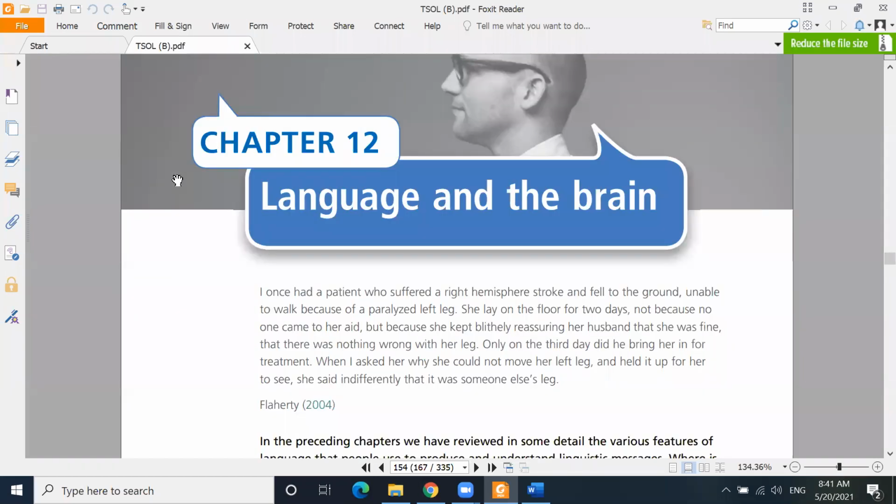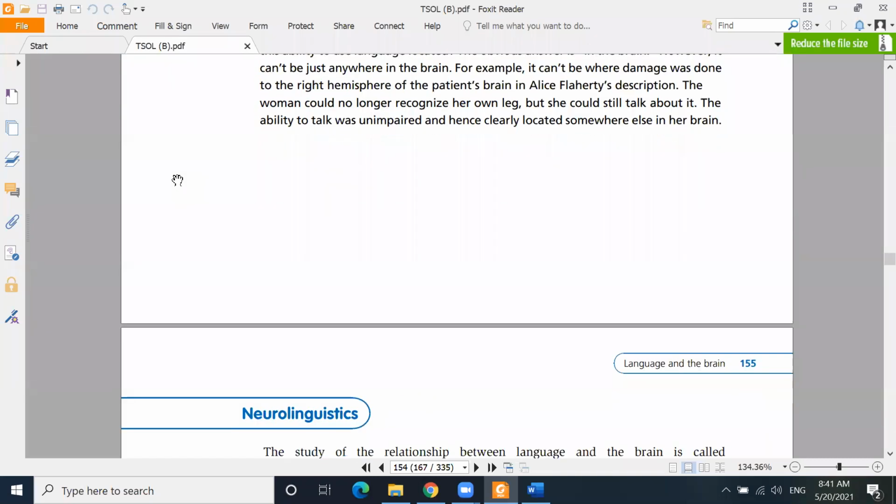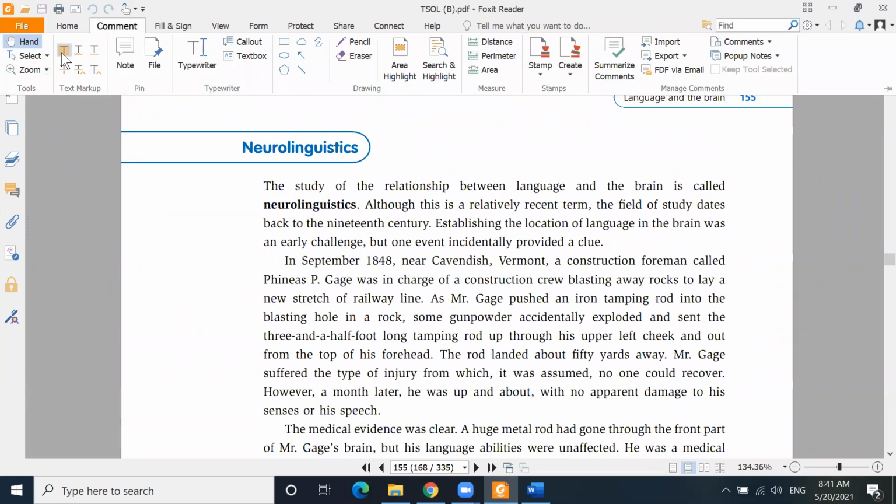Today we are going to talk about language and the brain. So far we discussed certain branches of linguistics such as phonetics, phonology, morphology, semantics, pragmatics.